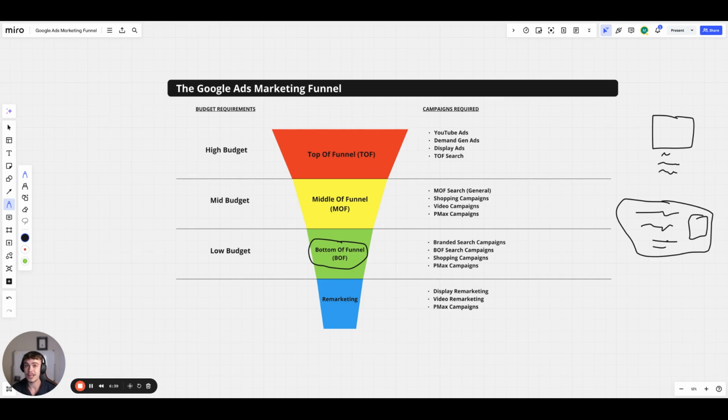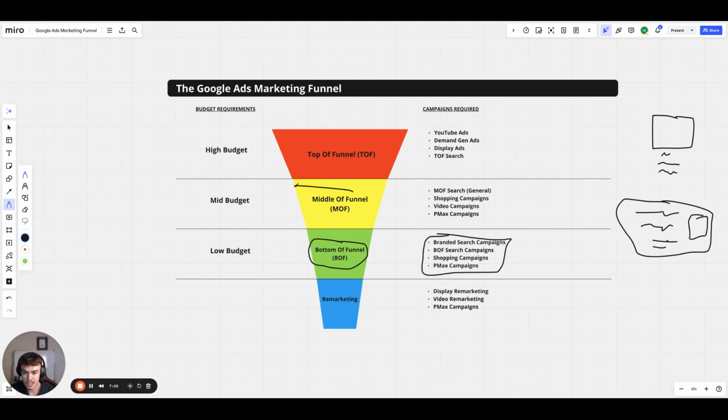It wants to show you big numbers that result from their campaign because it makes them look good. So PMAX often does focus on bottom of funnel traffic. I don't hate on PMAX. I think when it's done right, it can work really well, but only in a specific number of circumstances should you really use PMAX. But these are your major options for targeting bottom of funnel traffic: branded search, bottom of funnel search, shopping, and PMAX.